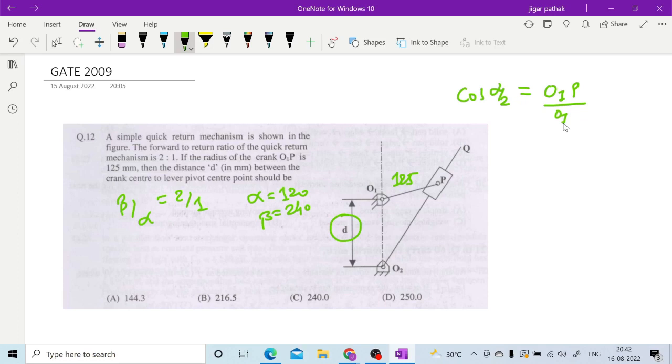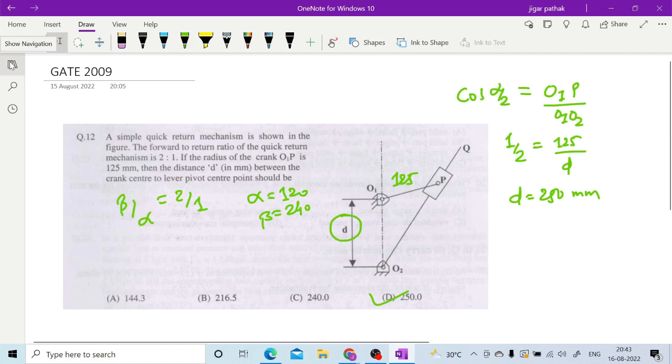Cos alpha by 2 is cos 60, that is 1 by 2. O1P is given as 125 and O1O2 is your distance d. So d will again be 250 mm, very similar to what we solved previously. So question 12 will be 250 mm only.